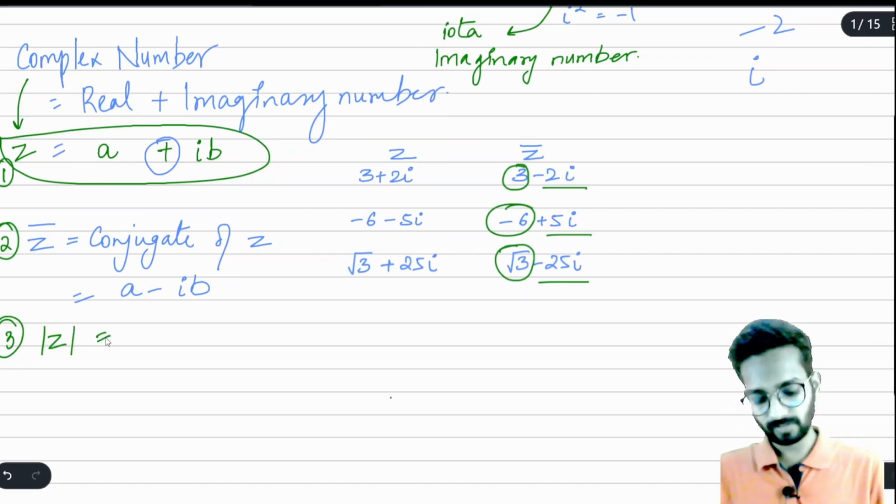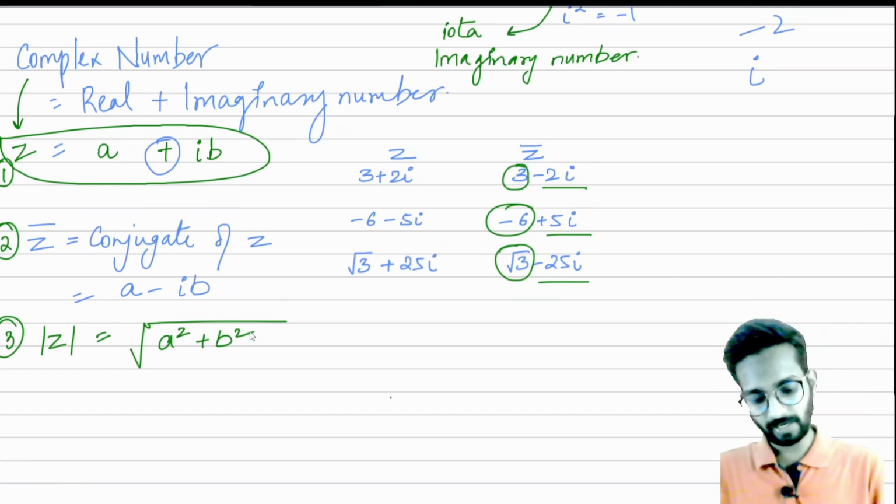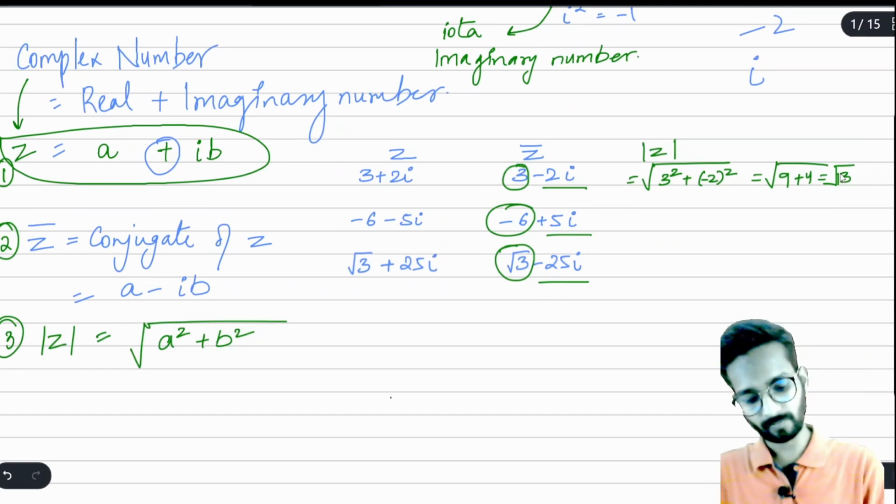Now, the third thing we have to learn here is the mod of z. What is mod of z? When they are asking mod of z, what you have to do? You have to just do root of a square plus b square. That's it. If I have to find mod z in these questions, how will you find? Root of 3 square plus negative 2 square, it will become root of 9 plus 4, therefore root of 13. Simple.